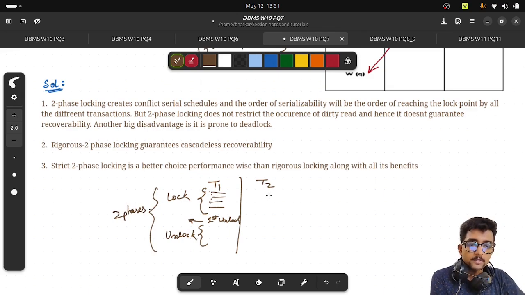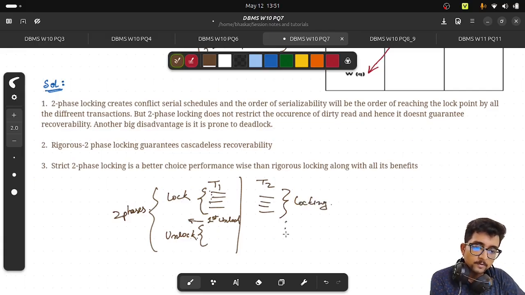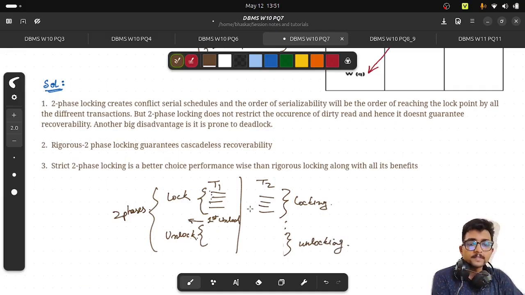Accordingly, T2 also has a locking phase, followed some time later by an unlocking phase. If this is the case, how does it guarantee conflict serializability? First of all, these two locks cannot be gained simultaneously.